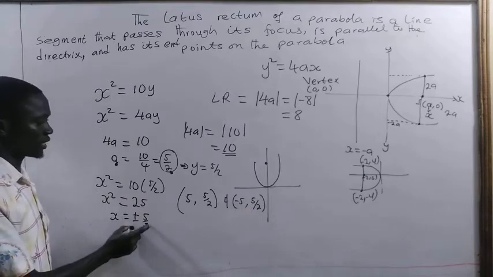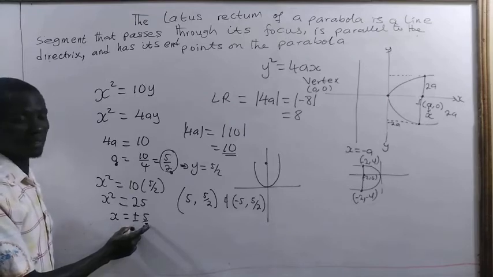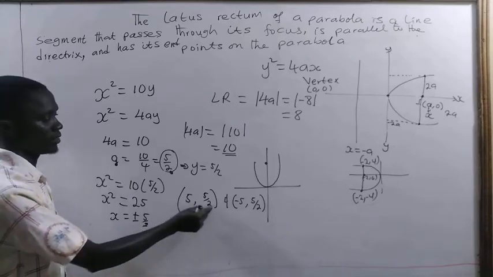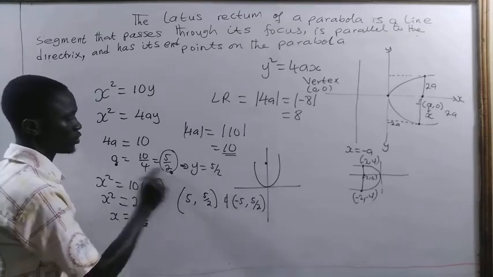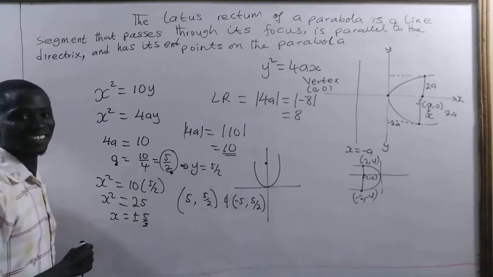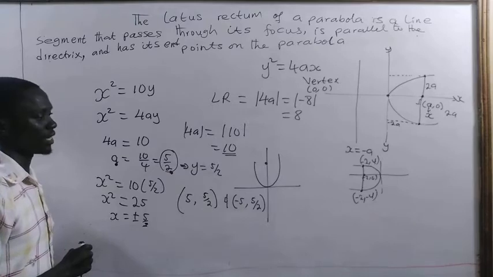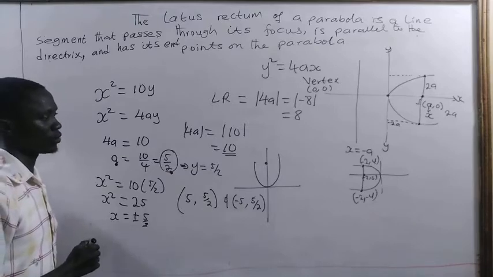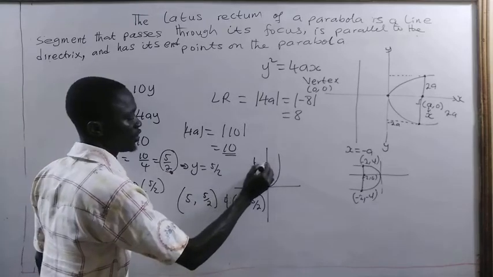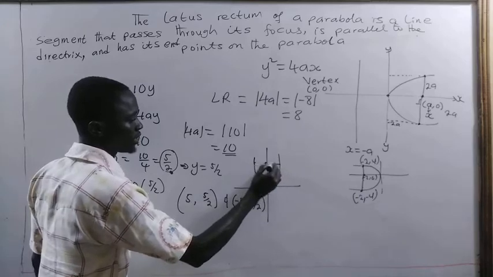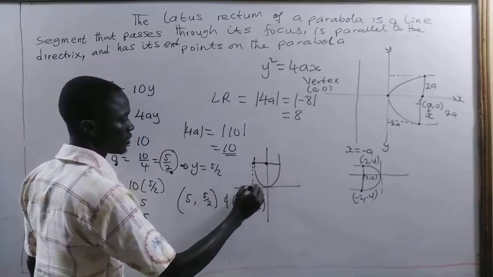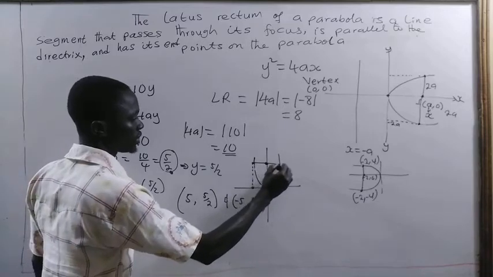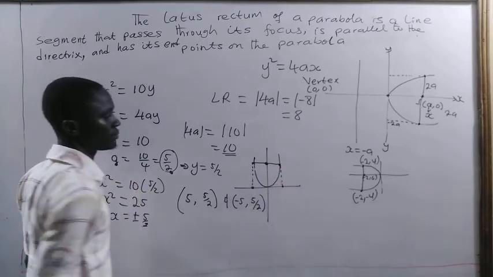You should take note of that. There's our a; here a is on the y-axis. That is what we are going to get. If you assume that this is the focus and you draw, this is what we are going to get. So this one you trace it down here, and you trace this one also down here.